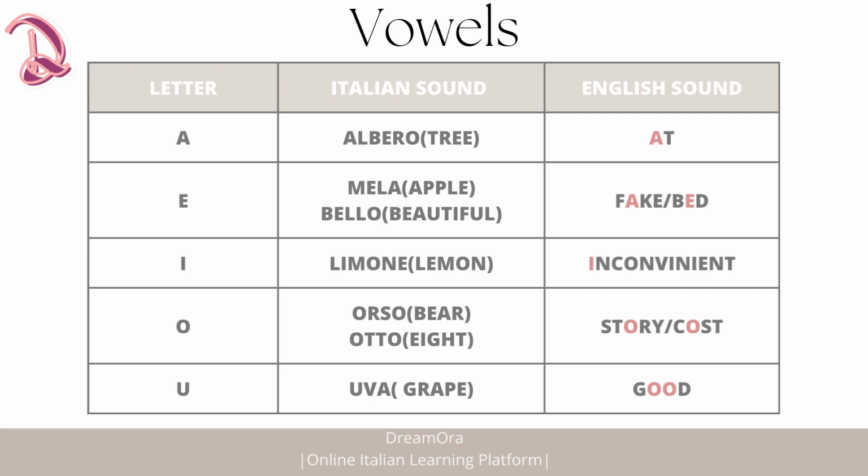And the English one would be the E that you hear in the word fake. Then for the open one, we have bello. Bello. And the E in the English word bed is the one that you hear, which is open. So, E closed and E open.